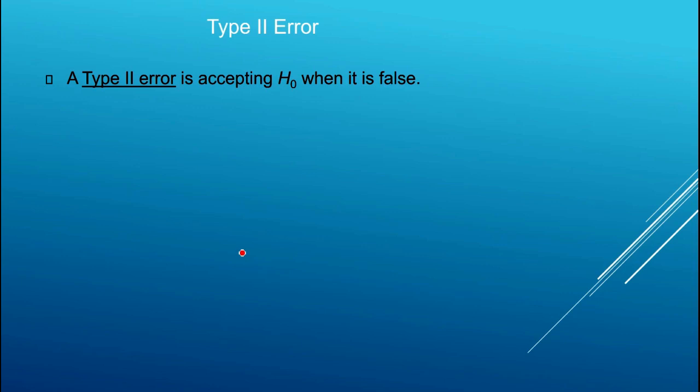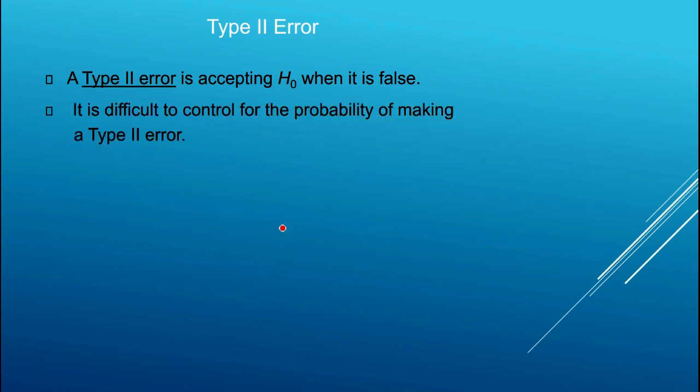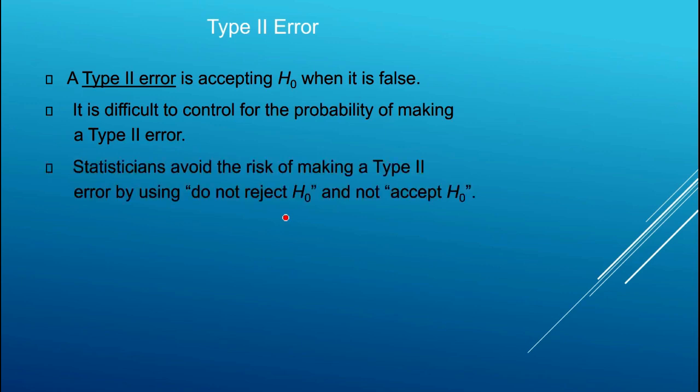Okay, so that's why type 2 errors are difficult to control for. So, we can't really control for it, but we try to at least remind ourselves of this issue by never accepting the null hypothesis. We just fail to reject it.